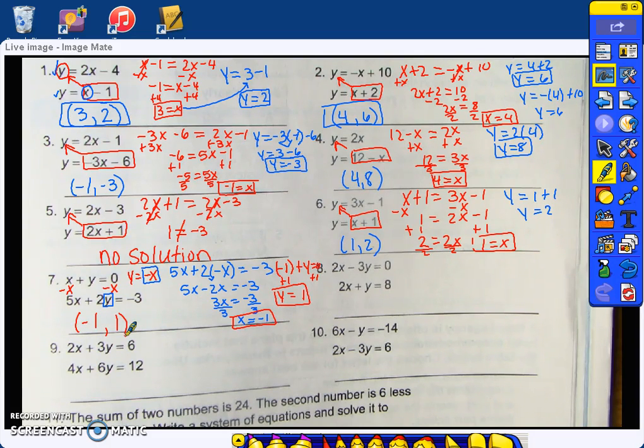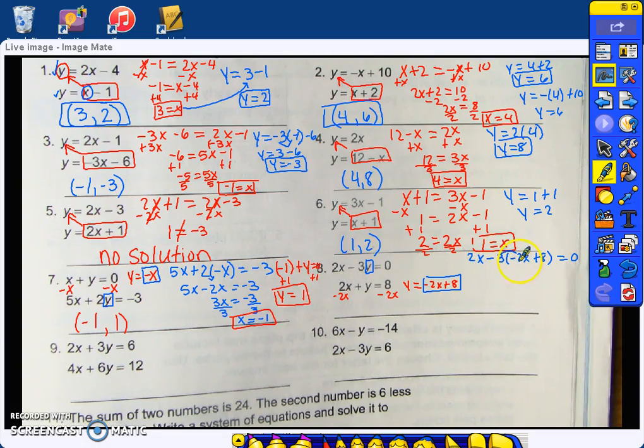And do the same thing for number 8. I'm going to subtract 2x because I want to get this y by itself. Y equals negative 2x plus 8. I'm going to plug in negative 2x plus 8 for every place that I see y in the other equation. So that's 2x minus 3y, y is equal to negative 2x plus 8, equals 0.